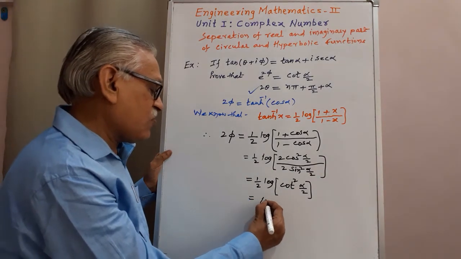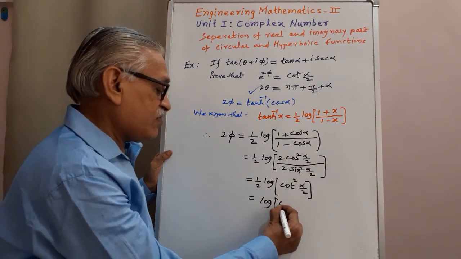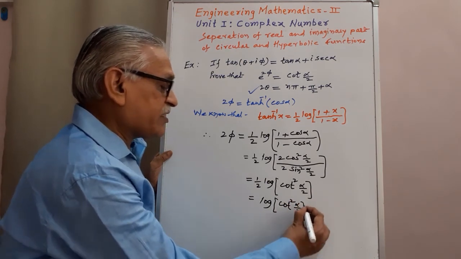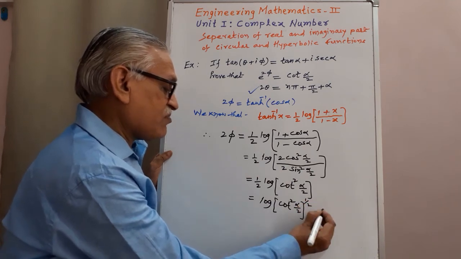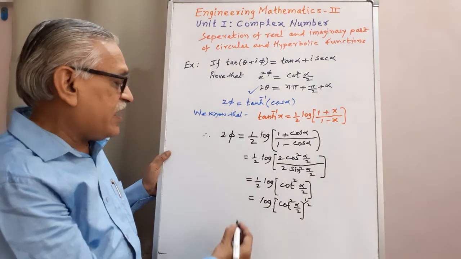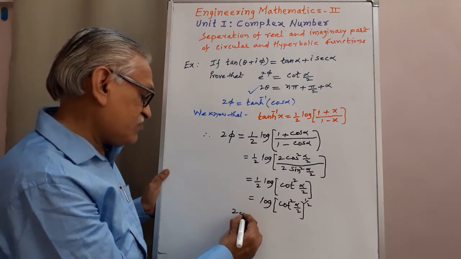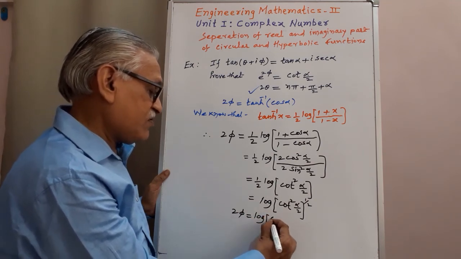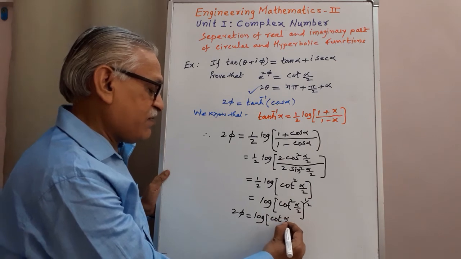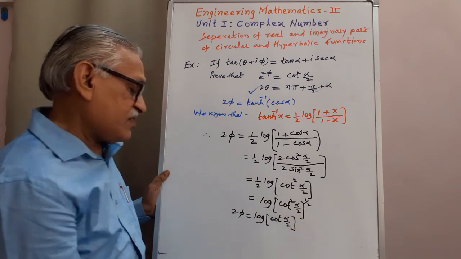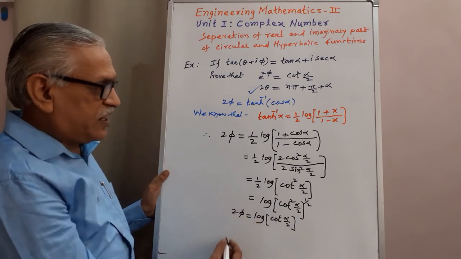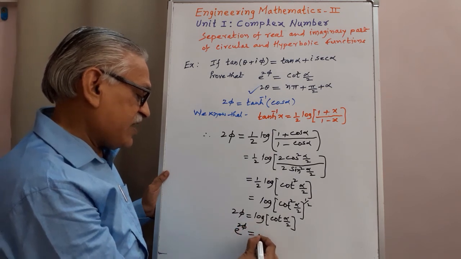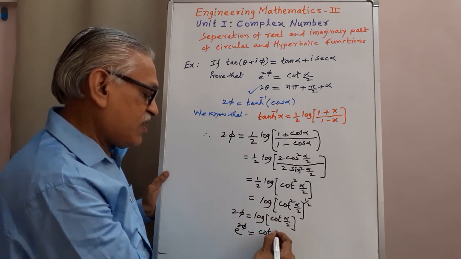By that property it is log of cot square alpha by 2 raised to 1 by 2. This 2 and that 1 by 2 get cancelled, and therefore we get 2 phi is equal to log of cot of alpha by 2. And then transferring this log to the other side, we get e raised to 2 phi as cot of alpha by 2.